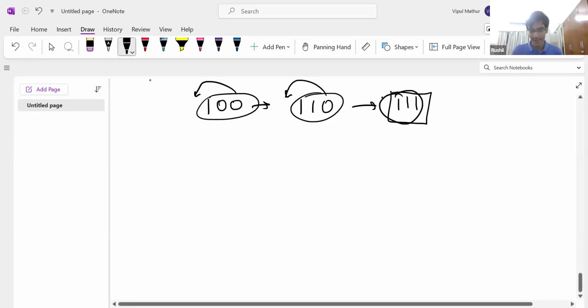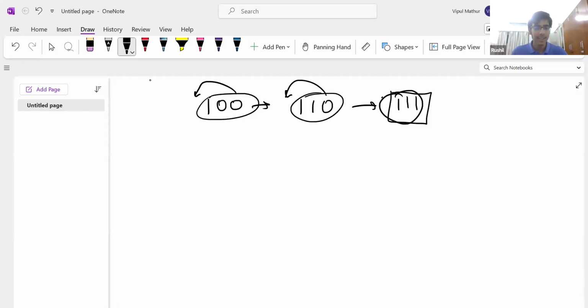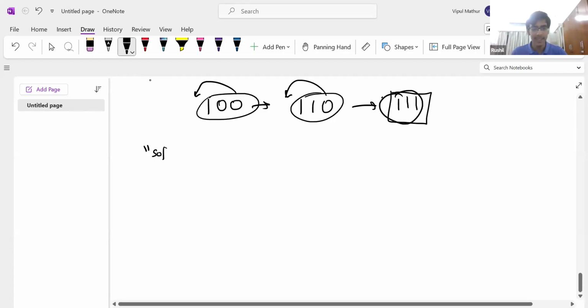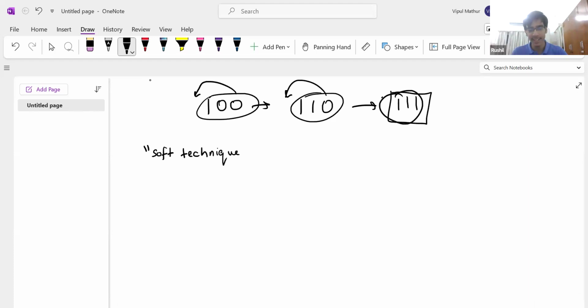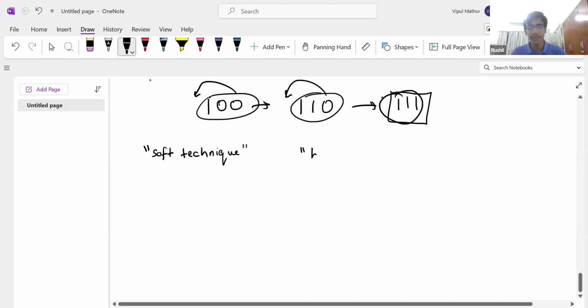But instead of looking at what I would call a hard technique, the way I think I've seen Evan put it is there are two sorts of techniques: soft techniques and hard techniques. Soft techniques are things like trying to understand the problem, trying to gain intuition about the structure of the problem, trying base cases of the problem, things like that.